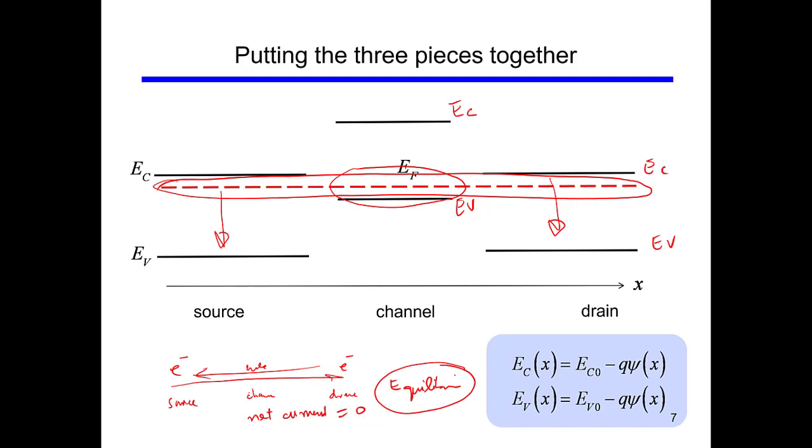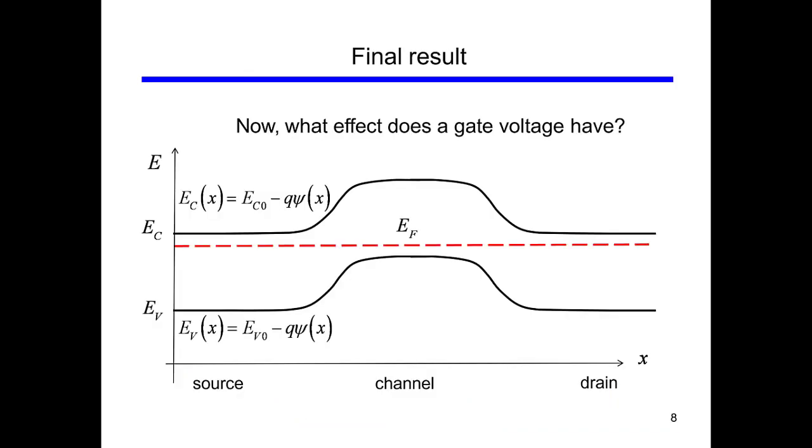Okay, so this is another picture that shows the same. You see, this top is because the conduction band of the channel has moved up, and this is because the valence band of the channel has moved up.